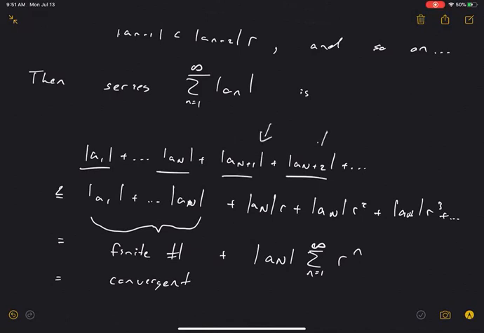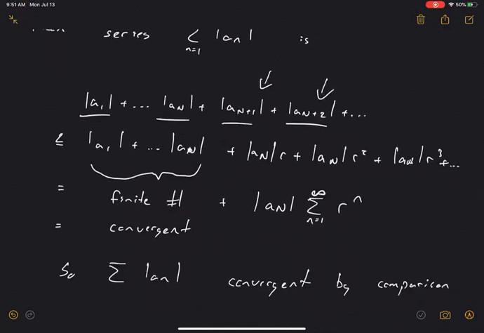But for all these terms after big N, we know a_(n+1) over a_n is less than R. So for this a_(n+1) term, I know that's less than a_N times R. And I know this term is less than a_N R squared, and so on. So from here on out, I get this nice geometric series.